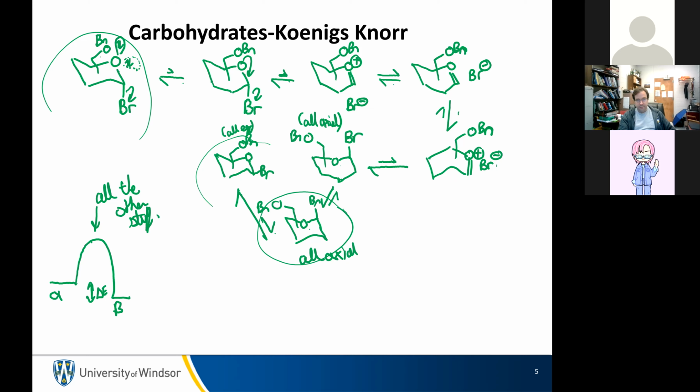But it's favorable overall because the final product is more stable than the starting material. And, you know, chemistry always finds a way to get to the most stable place it can. Okay. Any questions about this?